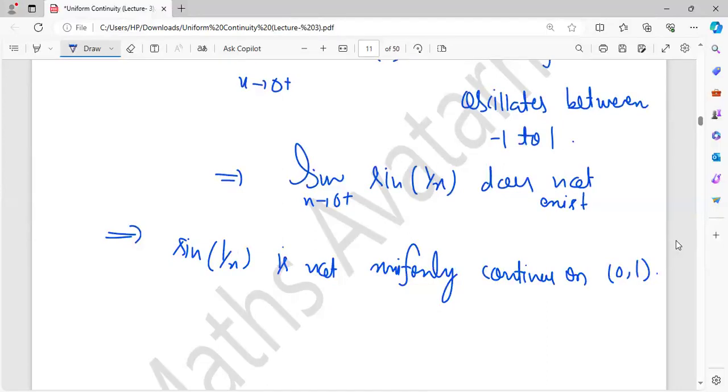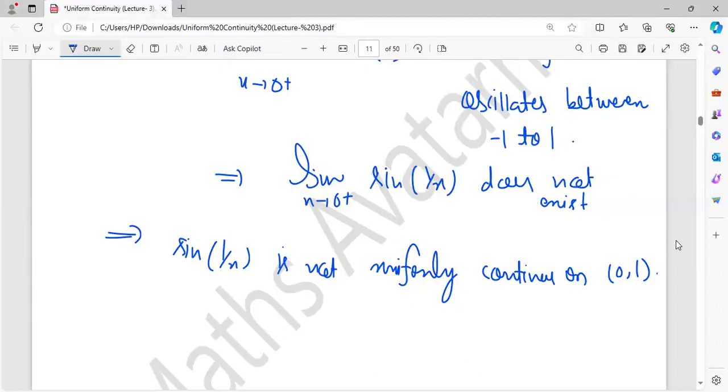Let's recall today's lecture. We have proved one theorem: if function f is continuous on an open interval, then three statements are equivalent. F is uniformly continuous on open interval AB; the right limit at A exists and the left limit at B exists; and f can be extended uniquely to a continuous function on a closed interval.